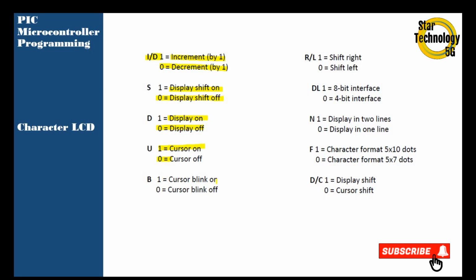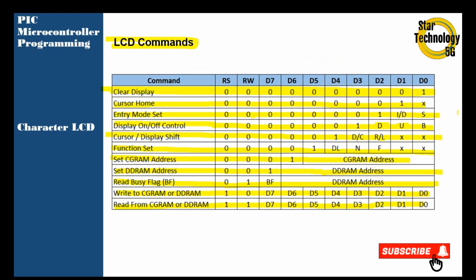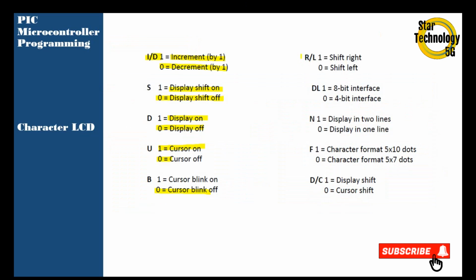If B is equal to 1, cursor blink on. For 0, cursor blink off. If you want to blink your cursor, you want to set B equal to 1. You can see here is the B. R/L, 1 is equal to shift right and 0 is equal to shift left.